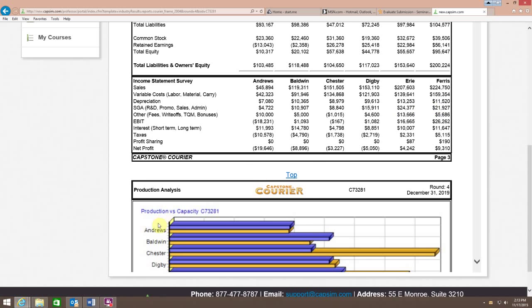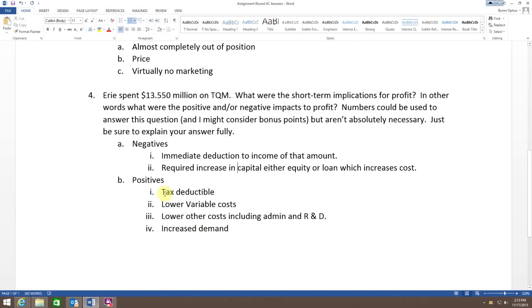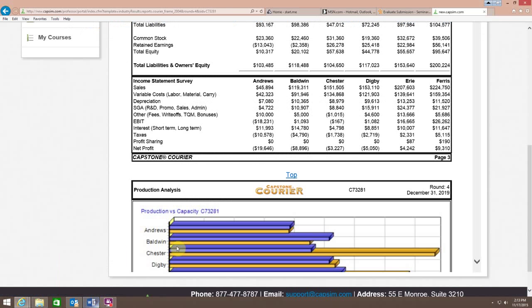So in the first year, they spent $13.5 million, which is tax deductible, and they recouped about $7.5 million just in lower material and labor costs. So they recouped half of it just in those. And then they had lower administrative costs. Erie could look that up themselves.